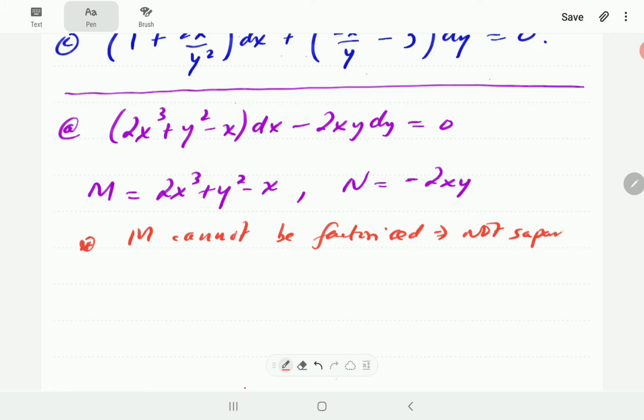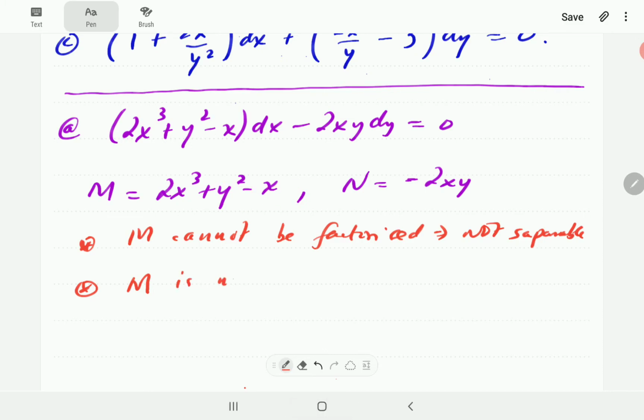Separable equations is one of the forms of ODEs that we've looked at. Moreover, M is not homogeneous, because as you can see, the powers of x and y are varying here: 3, 2, and 1.